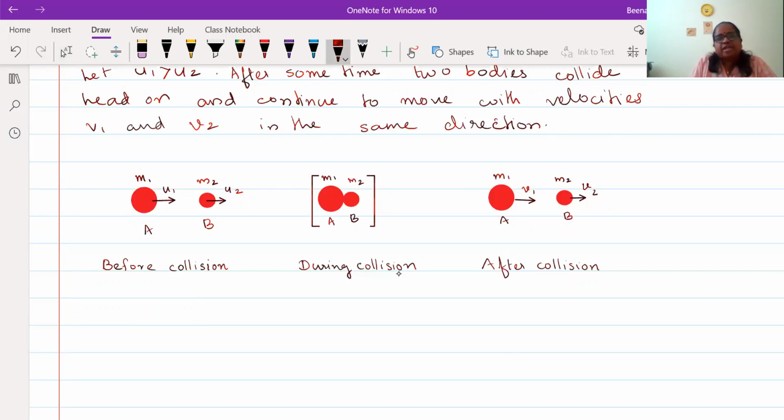So we are first writing the conservation of momentum. According to the law of conservation of momentum, the total momentum before collision, that is m1 u1 plus m2 u2, will be equal to m1 v1 plus m2 v2, which is the final momentum, the momentum after collision.